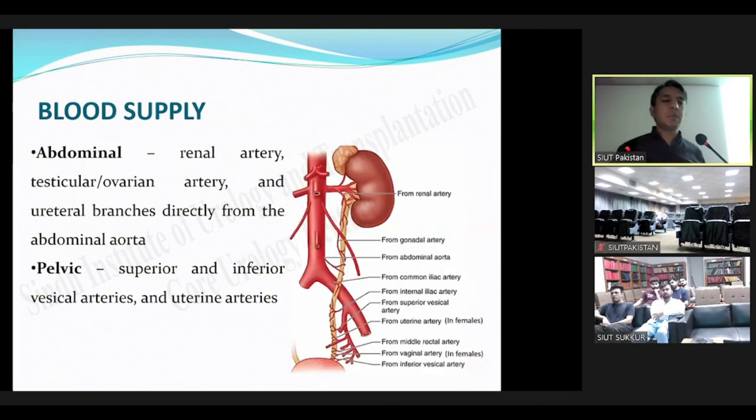The blood supply to the abdominal ureter is mainly from the renal artery and testicular or gonadal artery, and some ureteral branches directly from the abdominal aorta. The arterial supply courses along the ureter longitudinally, creating a plexus of anastomoses. The venous drainage is carried out by the veins that accompany the arteries mentioned here.